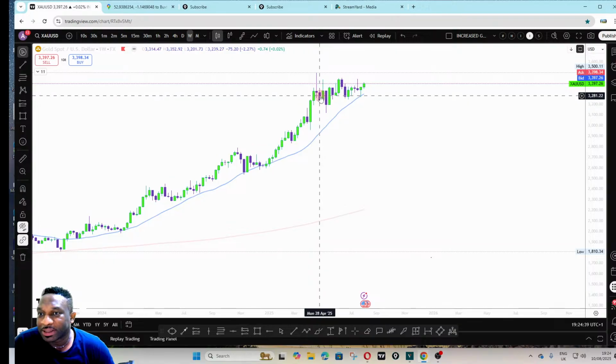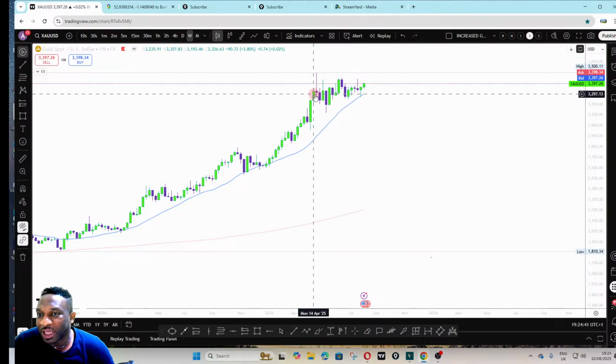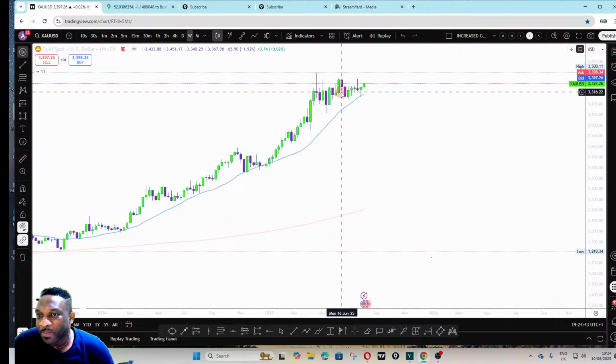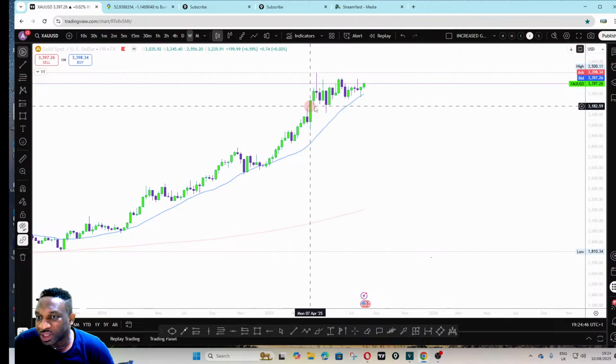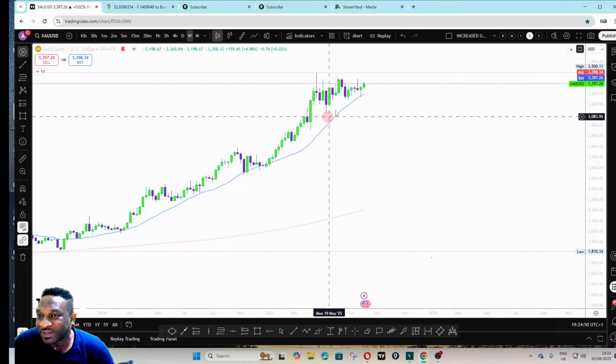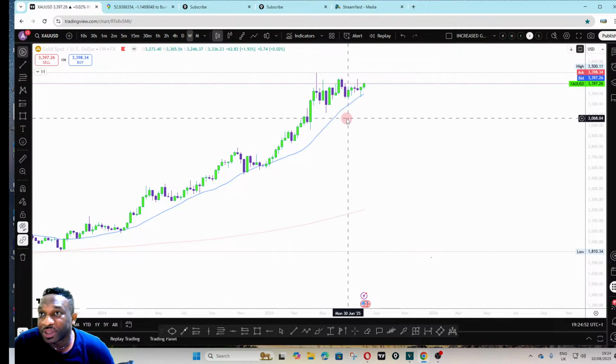We don't just get into the trade in mid-price range. It's always a good idea to take the trade from this area of liquidity after we've identified that there has been a sweep of liquidity.